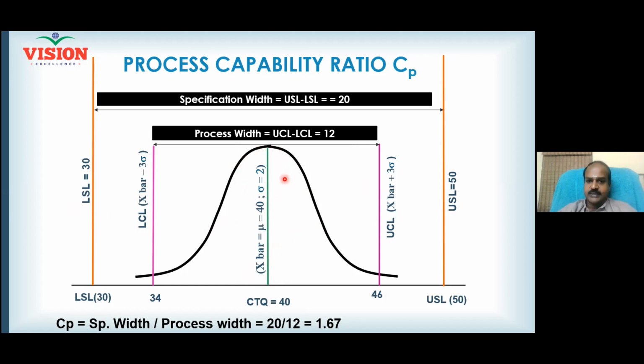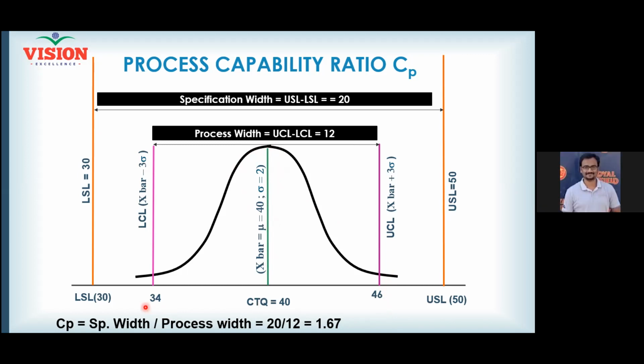Let us say the calculated standard deviation is 2. Then use the formula: process average plus 3 times process standard deviation. That will give you the upper control limit. Similarly, the lower control limit. Is that clear?